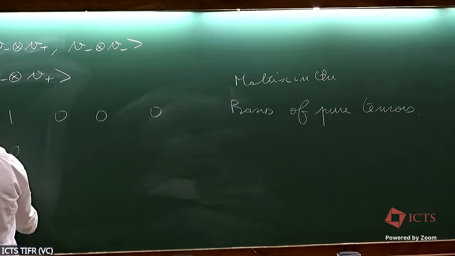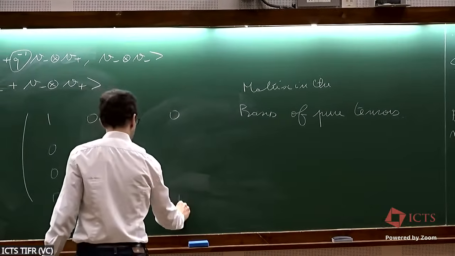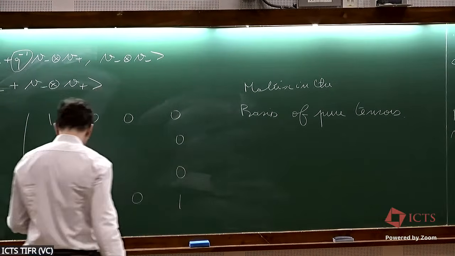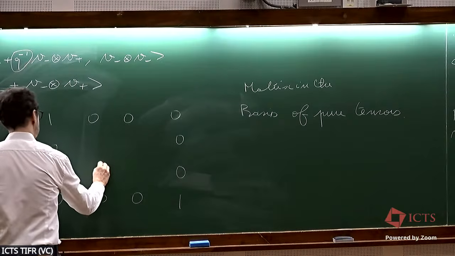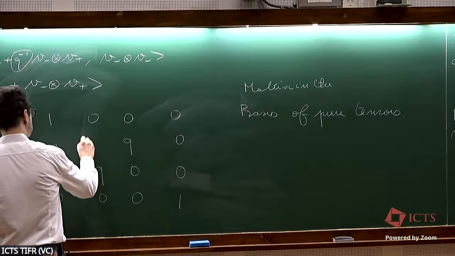So it's very close to being the matrix of the twist, but it's q-deformed. So here you have q, 0, and 1 minus q.